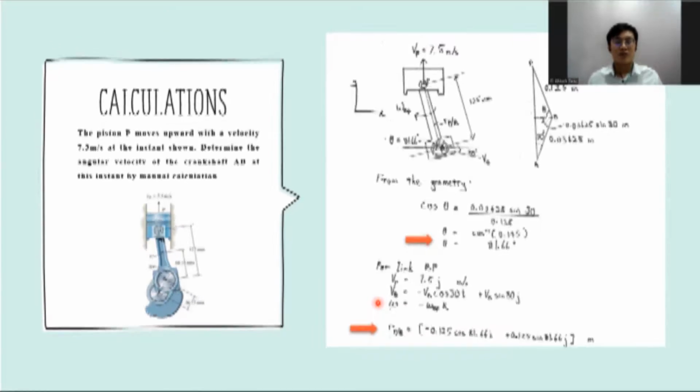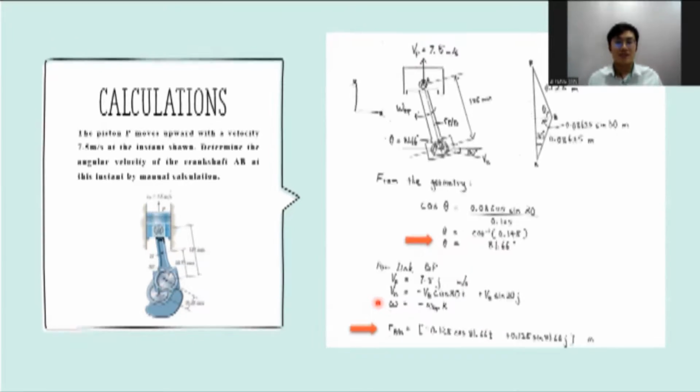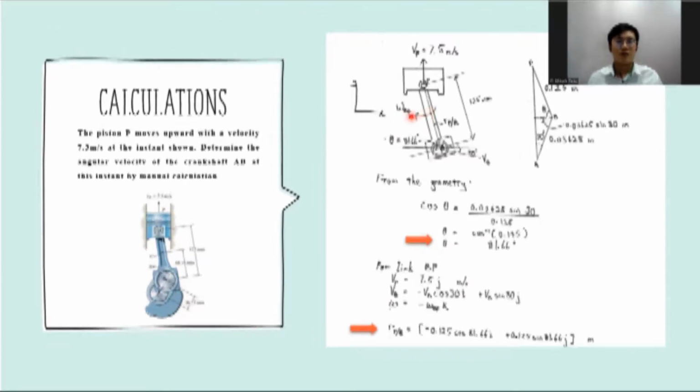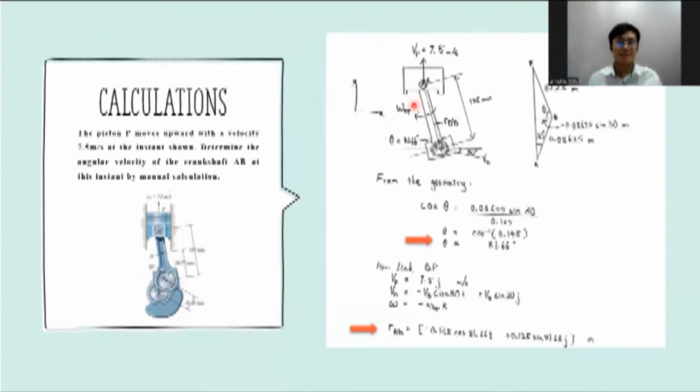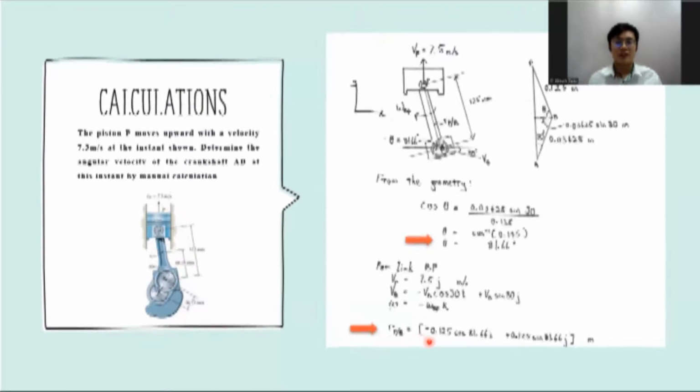This is due to the angular velocity of BP being in the clockwise direction. Next, we also write r PB is equal to negative 0.125 cos 81.66 i plus 0.125 sin 81.66 j, which is here.